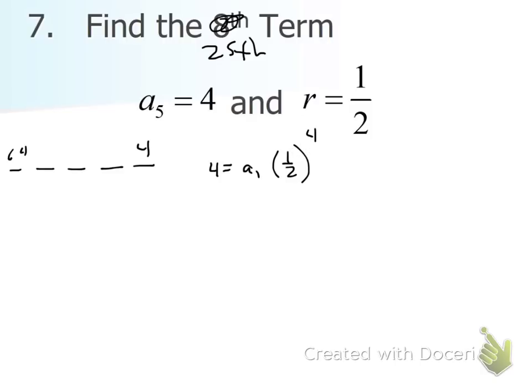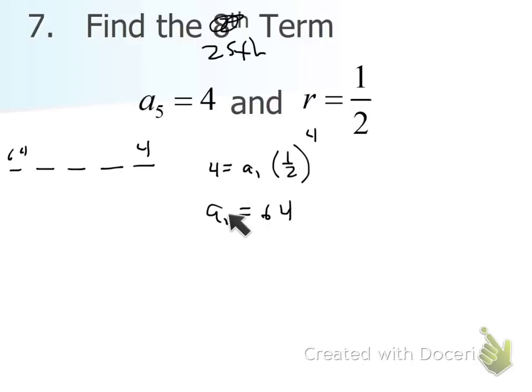And you could have took 1/2 to the 4th, which is 1/16, and then multiplied by 16. I bet 4 times 16 is 64. So is everybody comfortable with either way to find the first term?